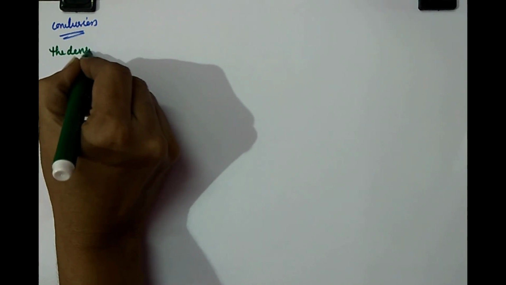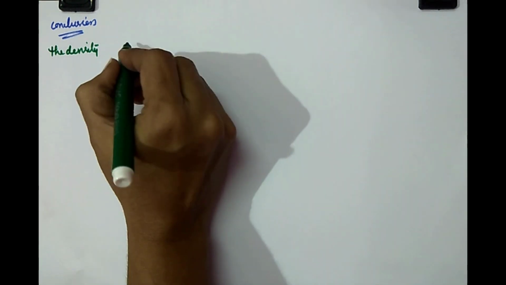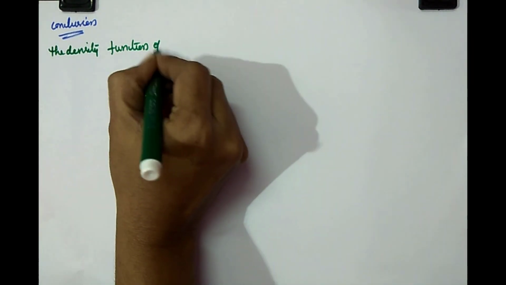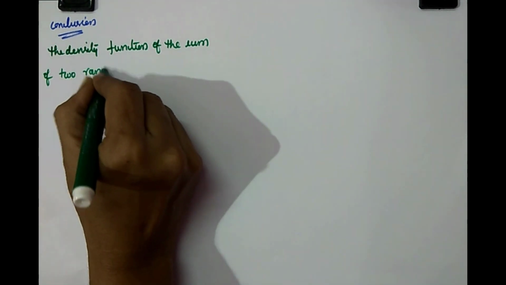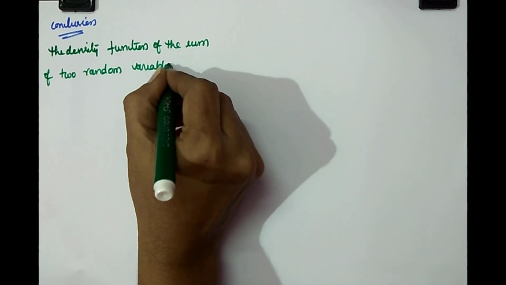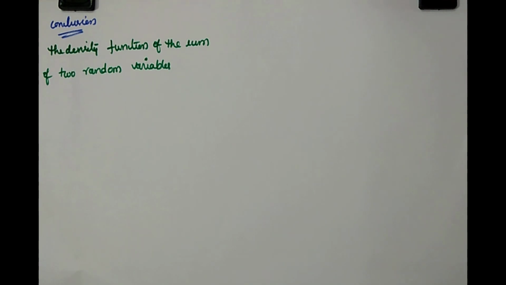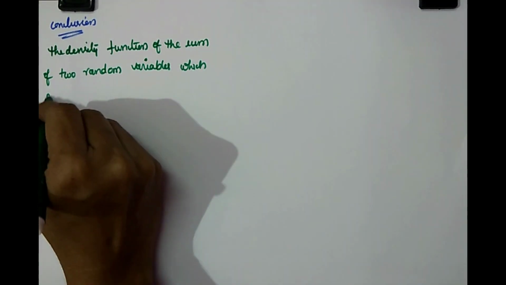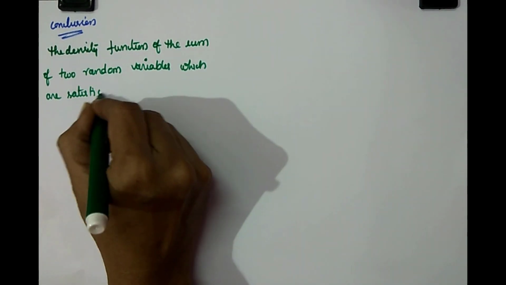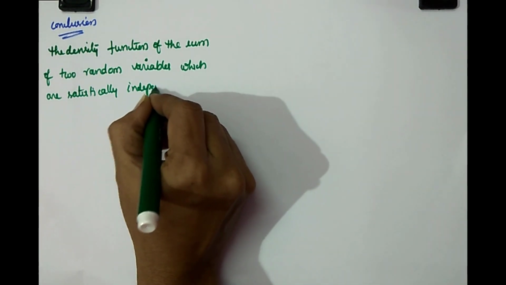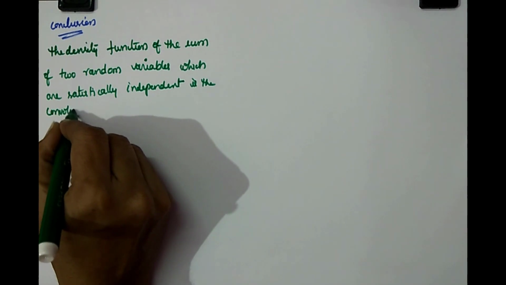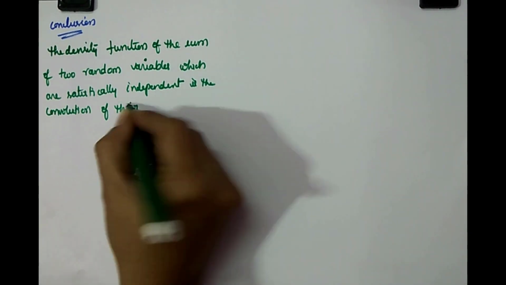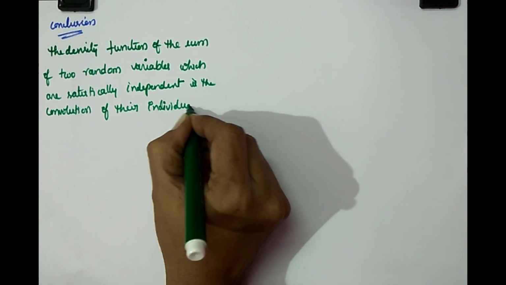The conclusion is the density function of the sum of two random variables which are statistically independent is the convolution of their individual density functions.